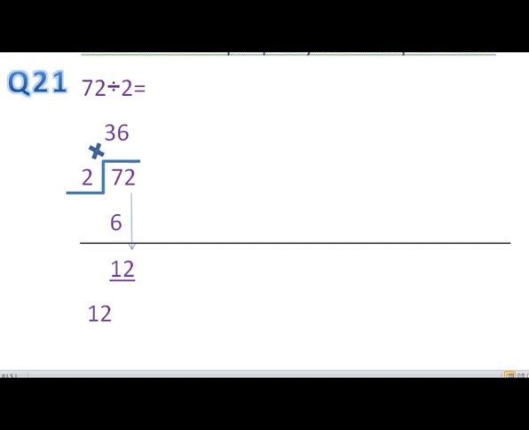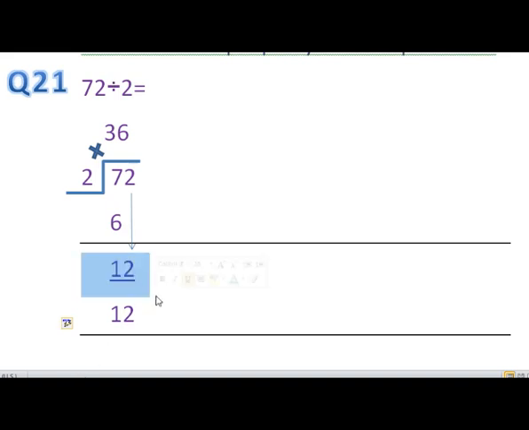Okay? Don't forget to align the digits and then find the result. 12 minus 12. The operation we are doing here is subtraction. Okay, so we do divide, then multiplication, then subtraction, then division again, then one more time subtraction, and the last one we just have to check.